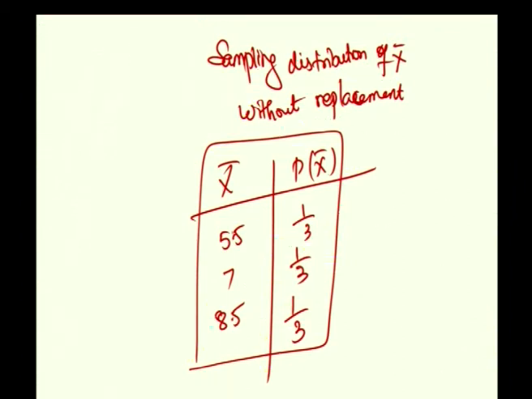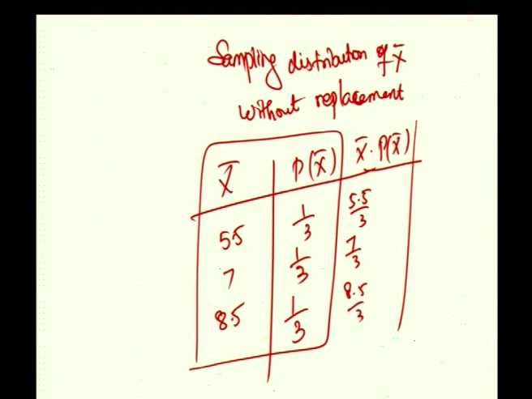Okay. Now, we shall compute mu x bar, just to calculate x bar into P of x bar. For calculation of mu x bar: 5.5 by 3, 7 by 3, then 8.5 by 3.